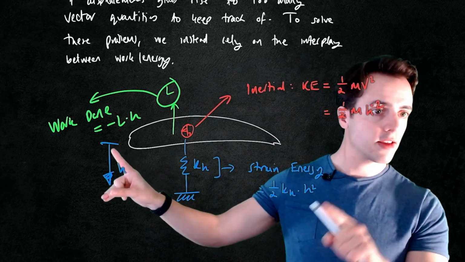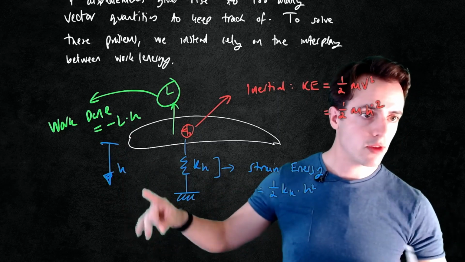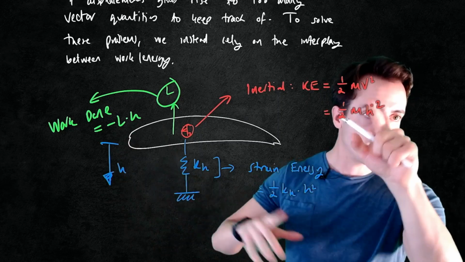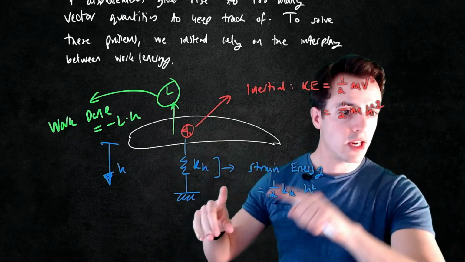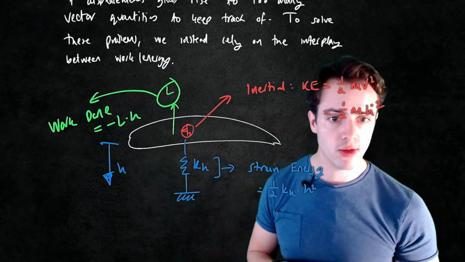So by just setting this problem up like this, we can see that all of these have to be equal, and in this complicated problem, all that's happening is energy is being converted between these three forms.